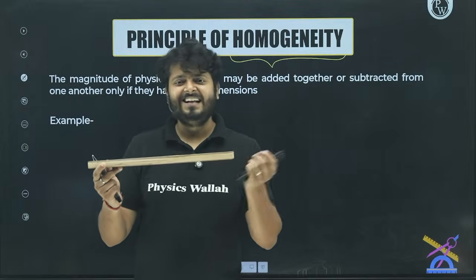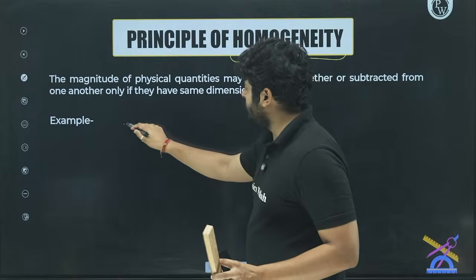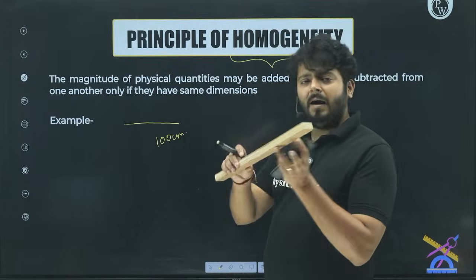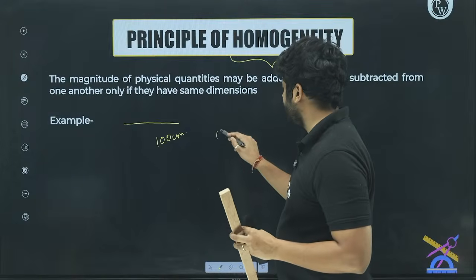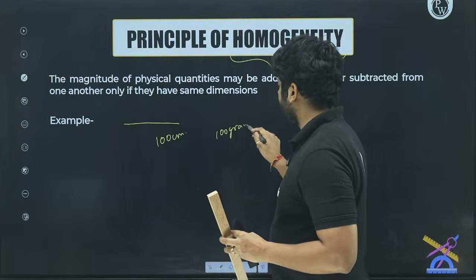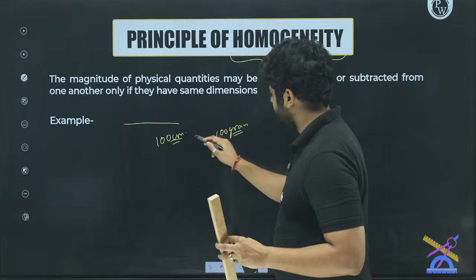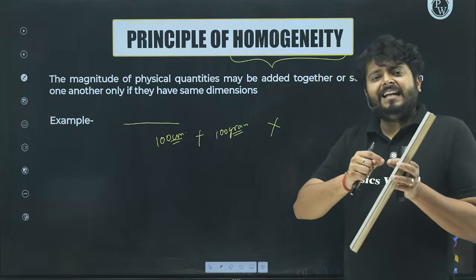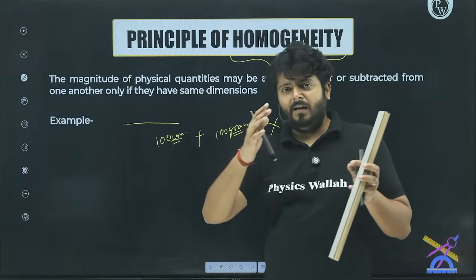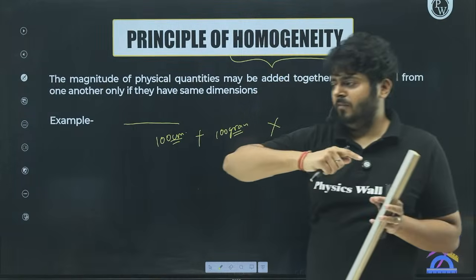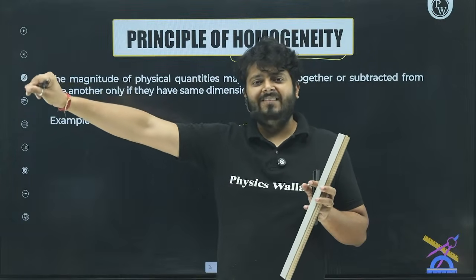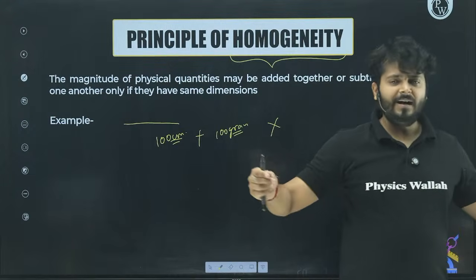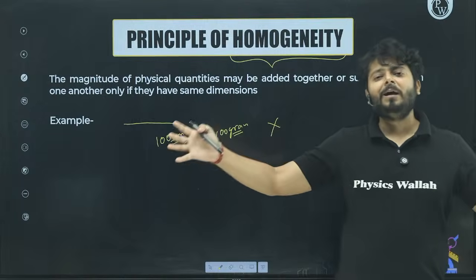No. If I have 5 meter of rope and 10 kilo of potato, and I call it 10 kilometer potato rope, that is wrong. Kilo cannot be added with meter, otherwise it will become kilometer.